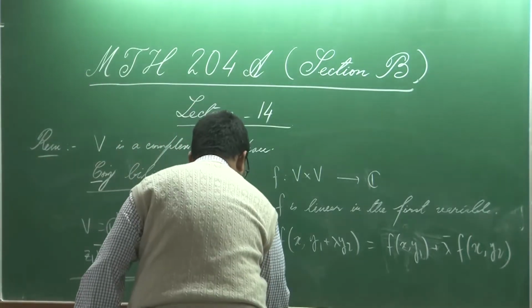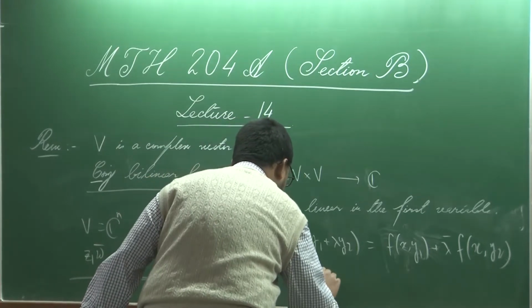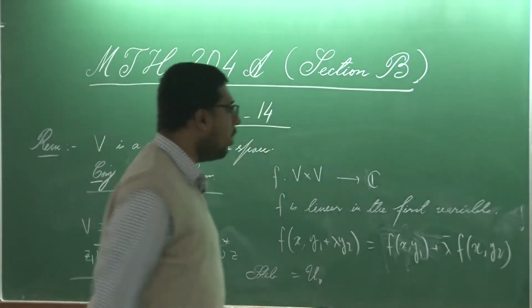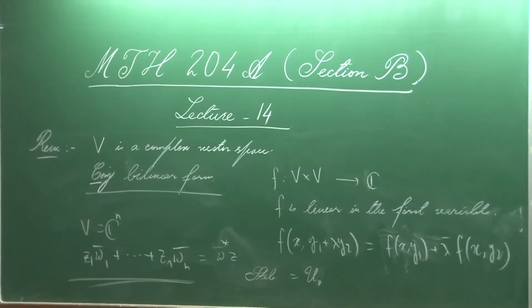So the stabilizer, you can easily see, is the unitary matrices. Okay. Now, come here. So this was just a remark.